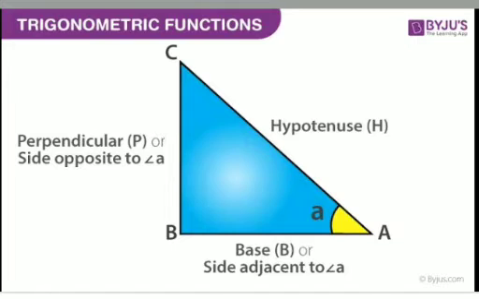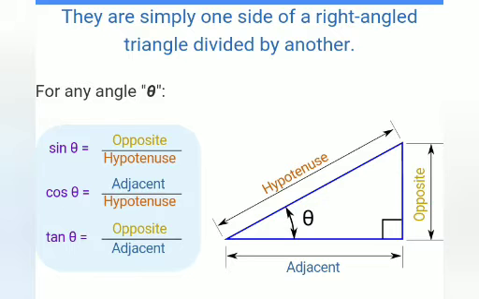Now we can write the trigonometric functions as sine theta is equal to perpendicular, that is opposite side, by hypotenuse, and cos theta is equal to adjacent side by hypotenuse.